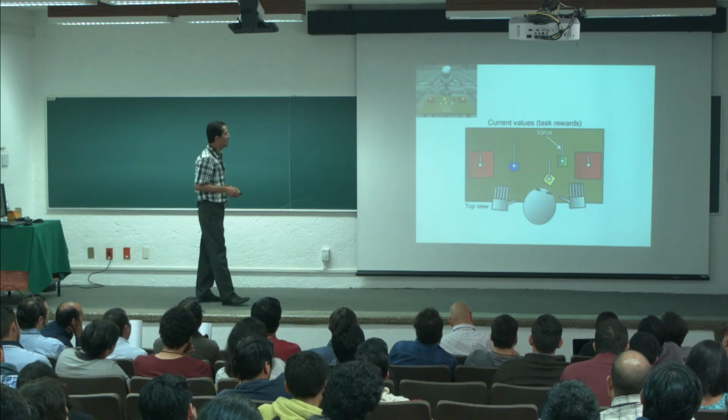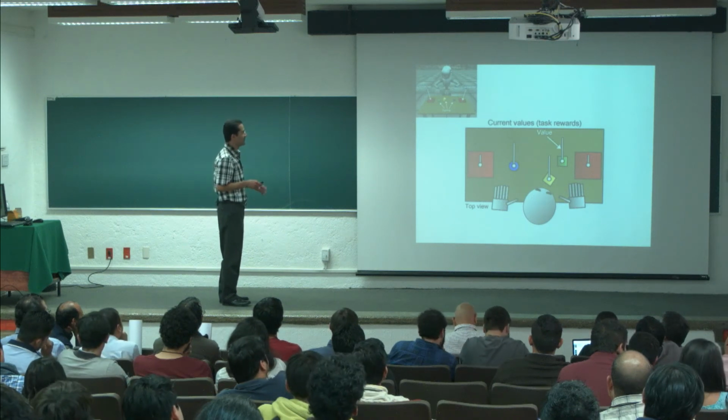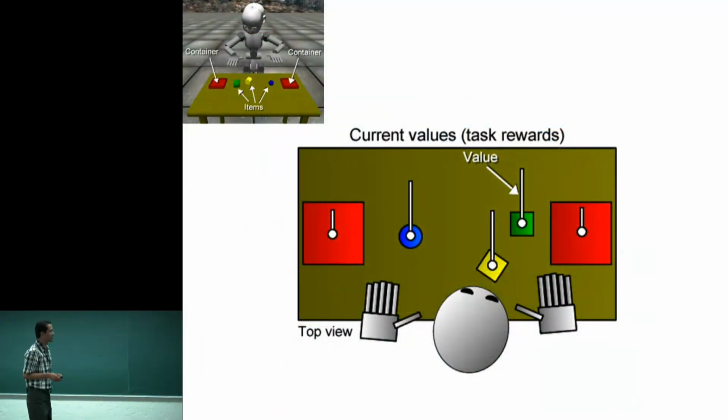Okay. So I'm just going to give you a brief introduction of how this works. I have all the equations and all these kinds of things, but I don't think there's enough time to explain everything. So I'm just going to give you the conceptual information. Okay. So the idea here is that, because I use reinforcement learning, we had a value assigned to all of these objects.